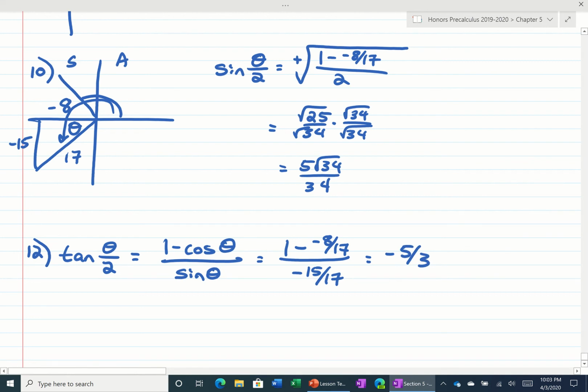All right, so now let's take a look at the other side here. It's asking us for numbers 1 to 4, find the exact values of sine, cosine, and tangent.